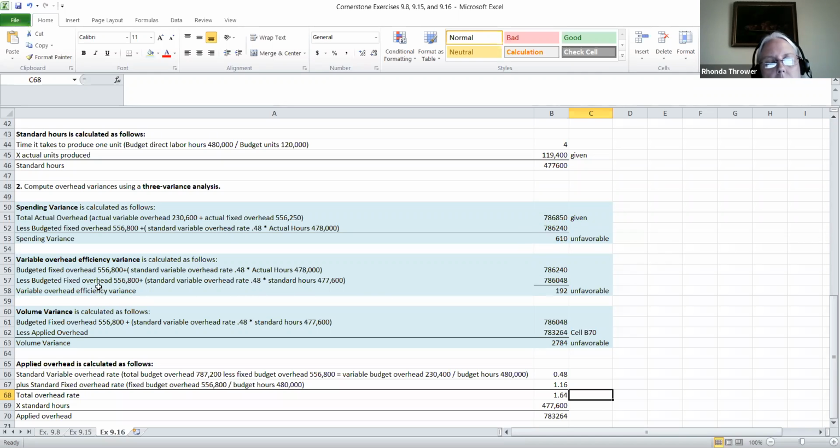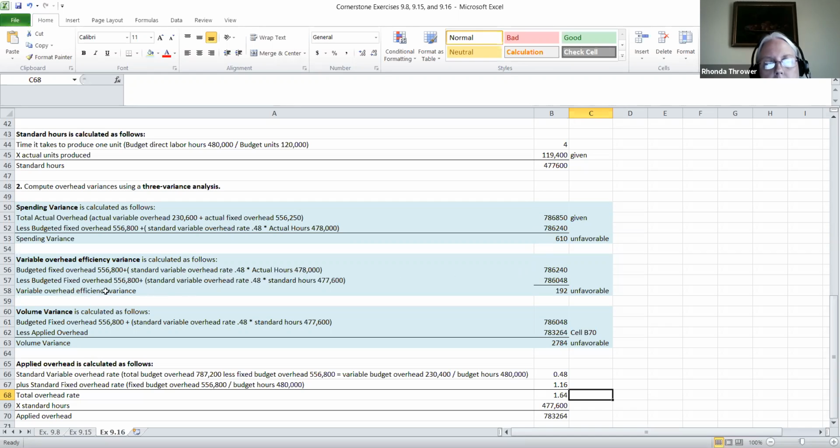The variable overhead efficiency variance is calculated as taking the budgeted fixed overhead. The fixed overhead was given at 556,800. We're going to add to that the standard variable overhead rate times the actual hours. Multiply this first and then add it back to this. It will give you this. Or you could also pull it down from what we just calculated, the same figure.